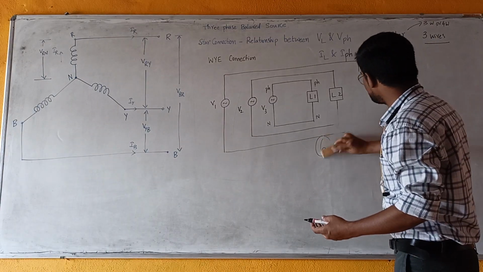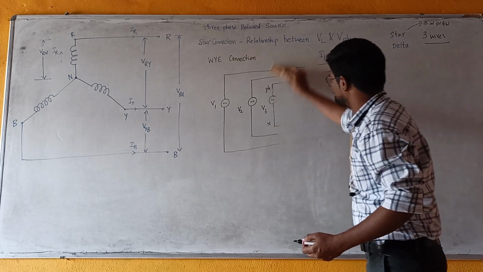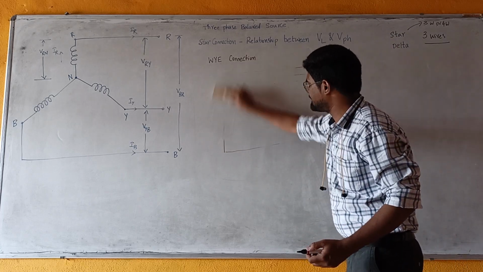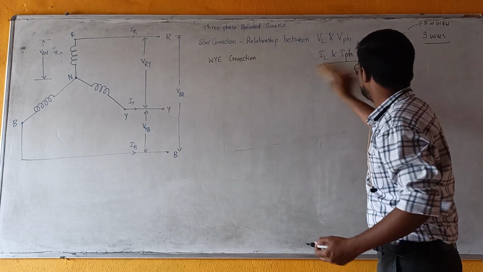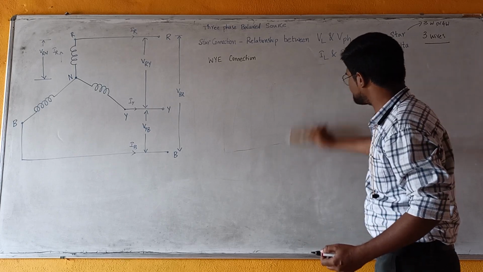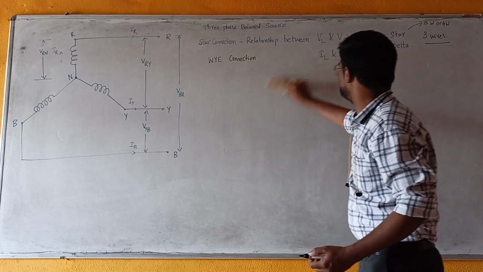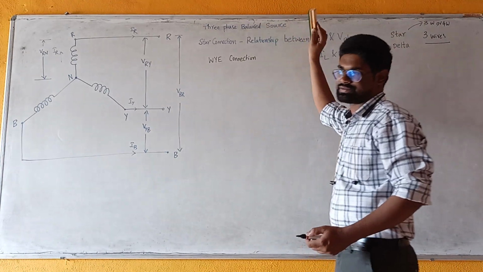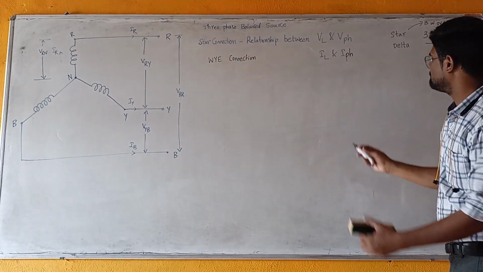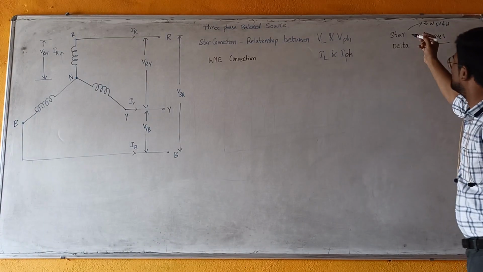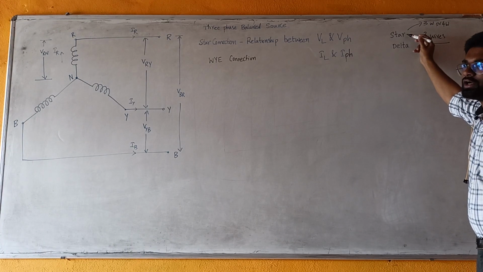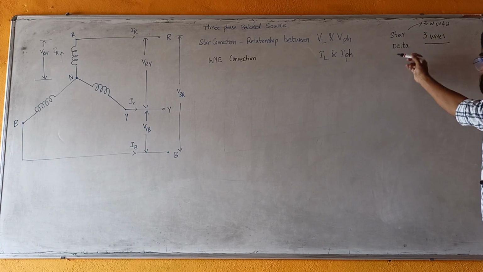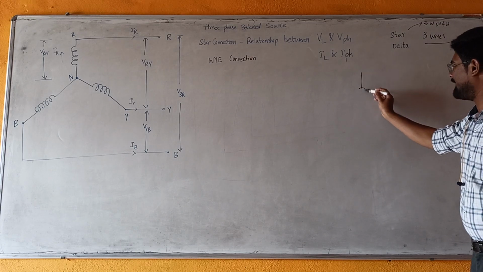Now, how to form a star connection, how to build a star system, and later we will see what is a balanced system. In this session we will see what is a balanced source. Either it is a star type of system or a delta type of system, we require 3 elements.